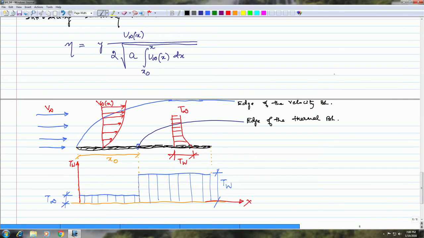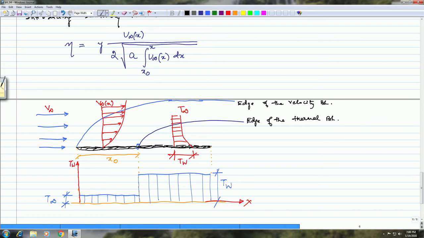When I say x naught here, that x naught could be 0 for all you want, in which case there would be no discontinuous temperature jump, and it would just start from there. Every time there is a T W minus T infinity, that's when we start having a thermal boundary layer, which in this particular case starts from x naught.